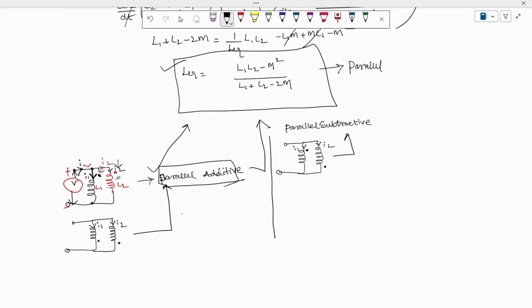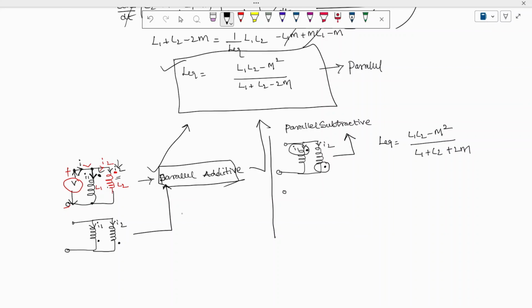I can call this parallel subtractive. The L equivalent for this circuit will be L1 L2 minus M square, the numerator remains the same, divided by L1 plus L2 plus 2M. So here current is entering the dot and current is leaving the dot.